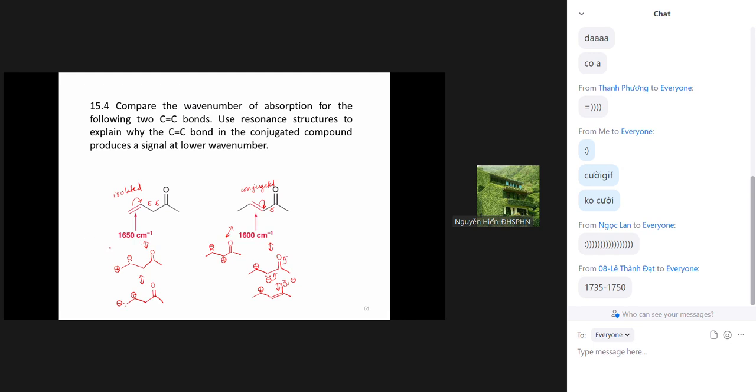I think these 2 resonance structures are very unstable, because you always have a positive charge on carbons. Positive charge on carbon indicates that it has an incomplete octet.